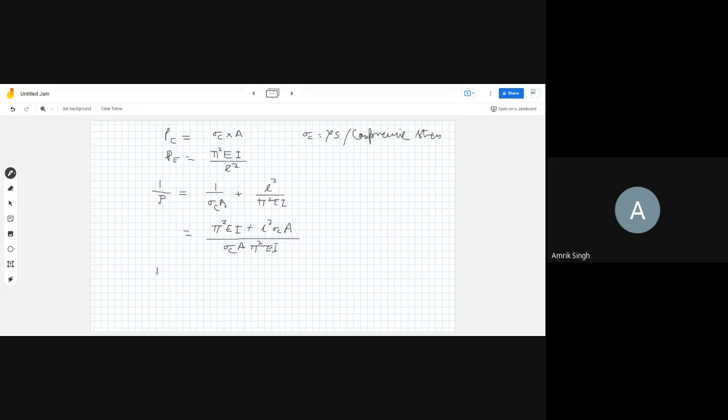If you further solve it, P will be sigma C A; pi square you take common, so it will be 1 plus L square sigma C divided by pi square E.